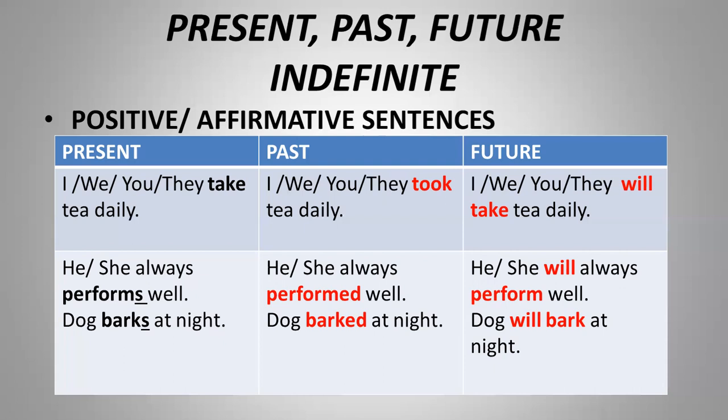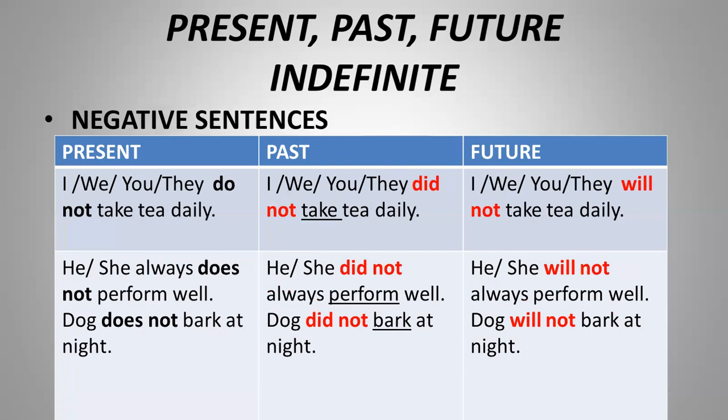So the sentences which you can see on the screen, they are positive or affirmative sentences. So we move from positive to negative and let's see what shifts or changes occur.